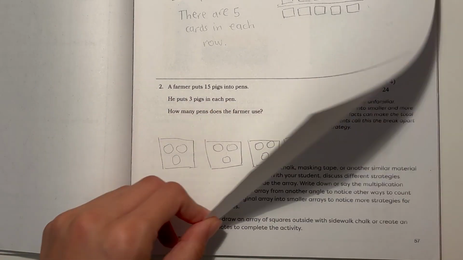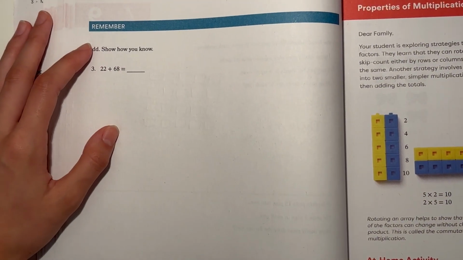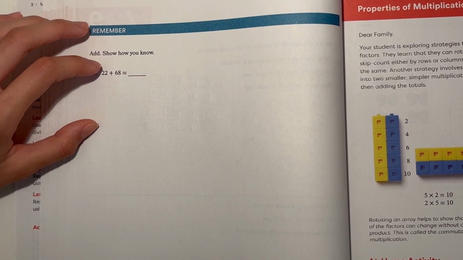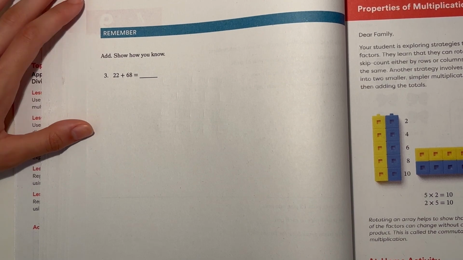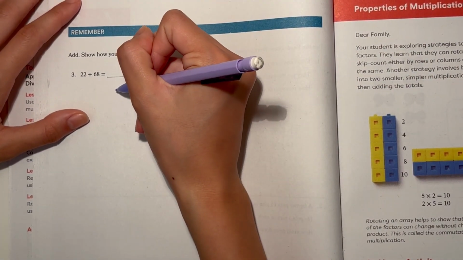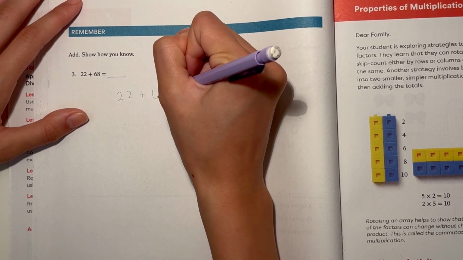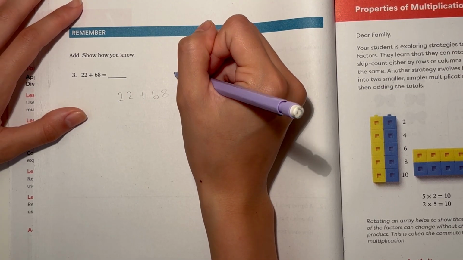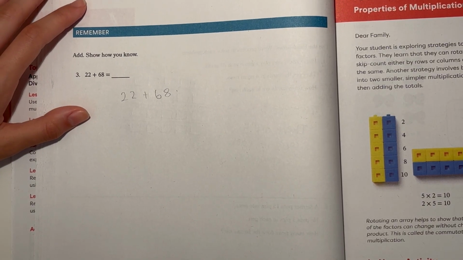Alright, now let's move on. So add, show how you know. Number 3, 22 plus 68. Alright, so let's break this down like how they did in the explanation. 22 plus 68. Alright, so the first step that they did was they broke apart the 10s and the 1s.